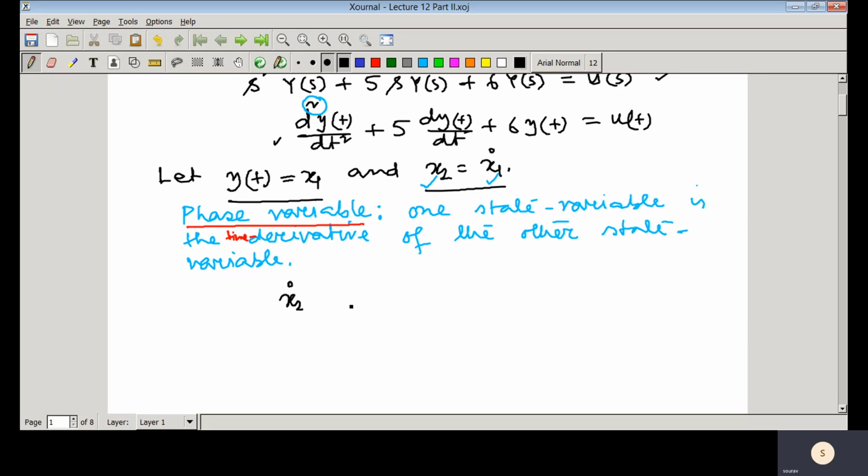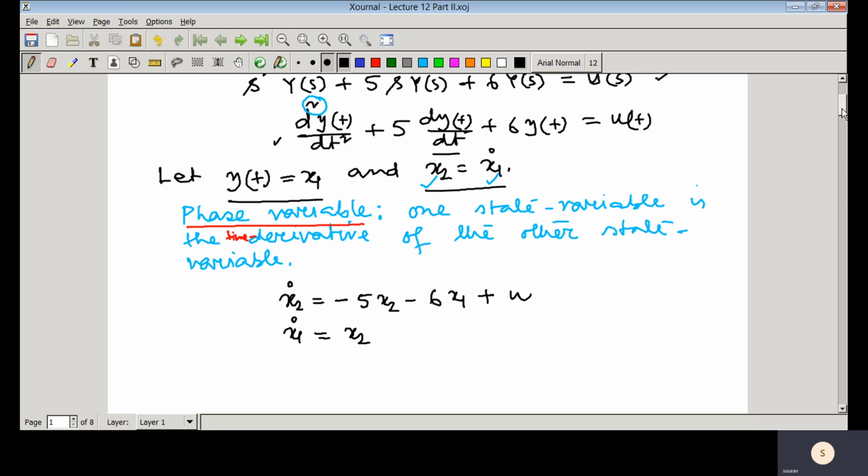So we can have x2 dot equal to minus 5 dy by dt, which is x2, minus 6x1 plus u. All are actually functions of time. I am not writing it so explicitly, but it is a function of time. That is x1 dot(t) equal to x2(t).